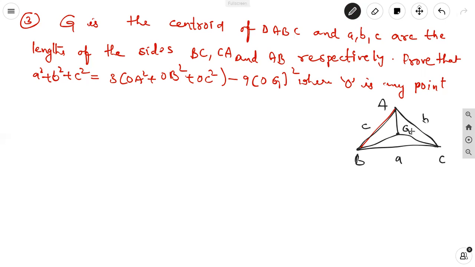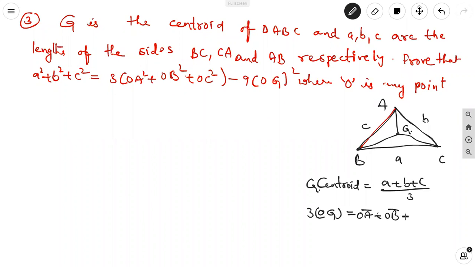We know that the centroid formula, which we studied in the 10th standard, is A plus B plus C by 3 equal to the centroid G. So we can write, from the point O, 3 into OG is equal to OA plus OB plus OC. That is the centroid relation.